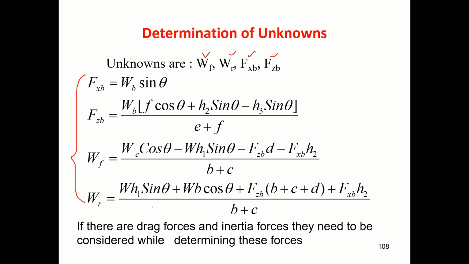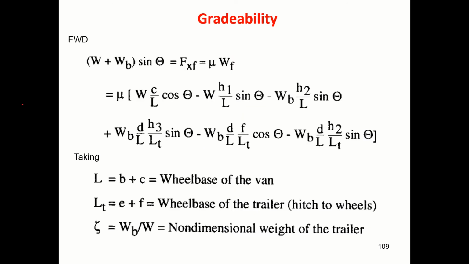Now let us find out what the gradability question is. So the total load to be pulled is car load and trailer load. Sin theta is mu into Wf. It is the traction force. From the previous equation, WB sin theta be there as it is.